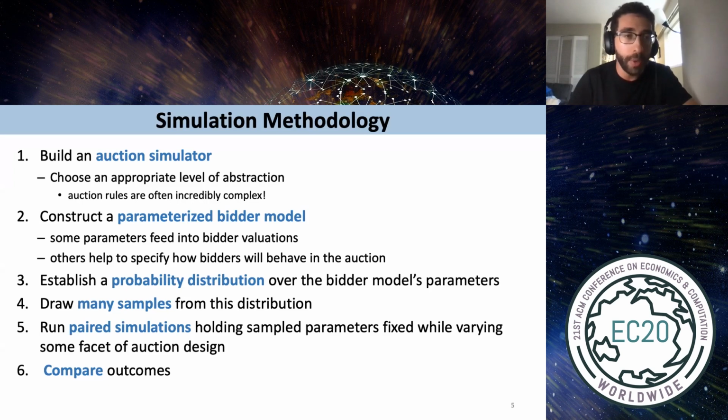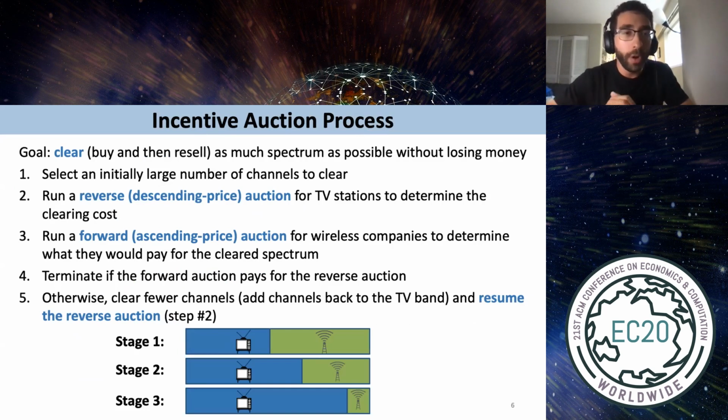So let's talk a bit about the incentive auction, since that's what we're going to be simulating in this talk. In a bit more detail, the way it worked was the FCC decided it wanted to clear as much spectrum as possible without losing money. So the way that it did this was it chose an initially large number of channels that it was going to clear. It then ran a reverse auction for TV stations. This determined the clearing cost.